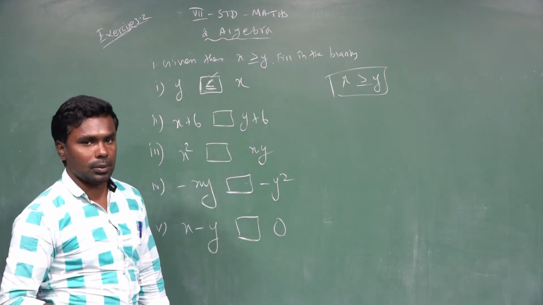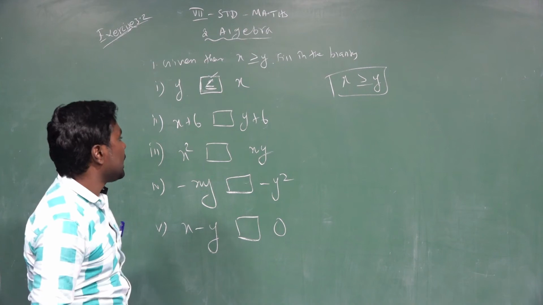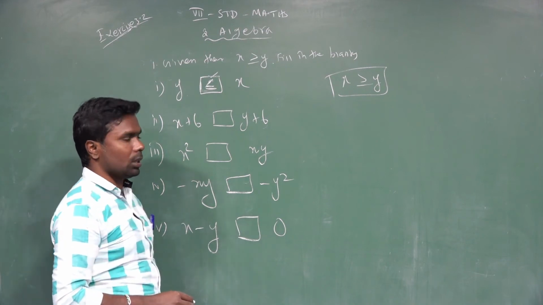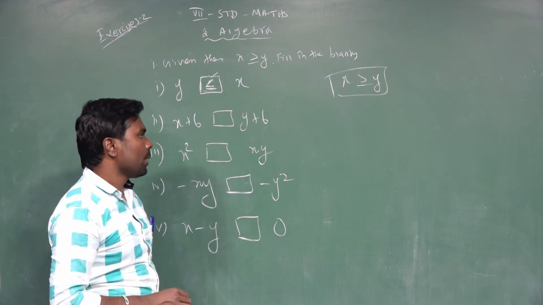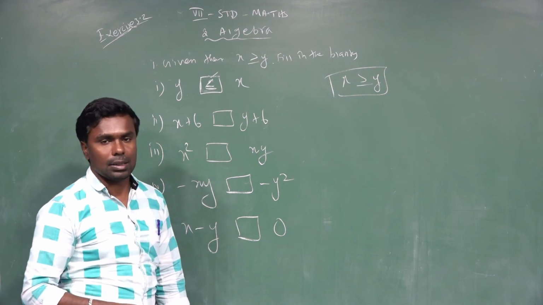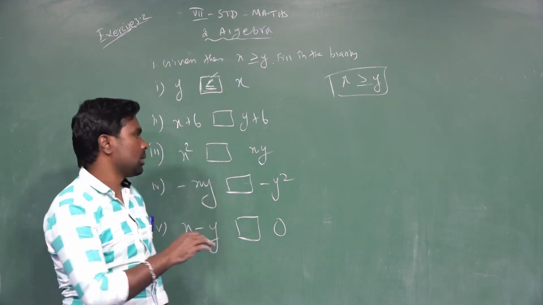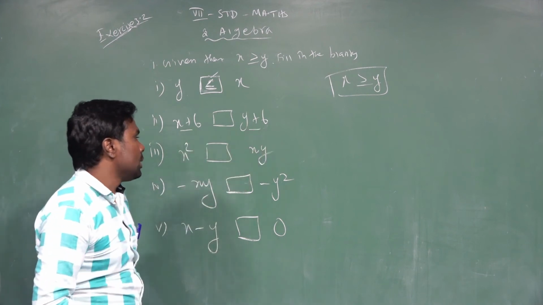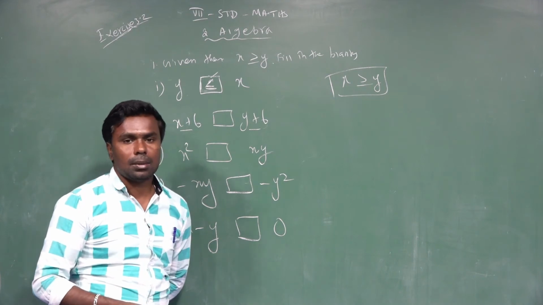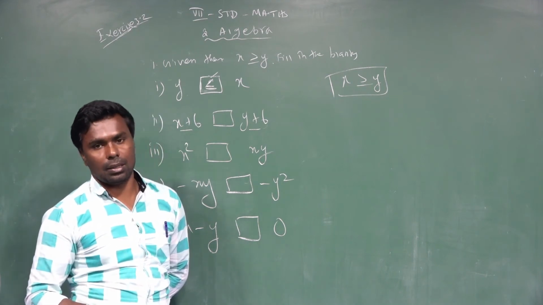And here x plus 6, empty box, y plus 6. We know the rule. When we add the same number on both sides, the inequation does not make any changes.